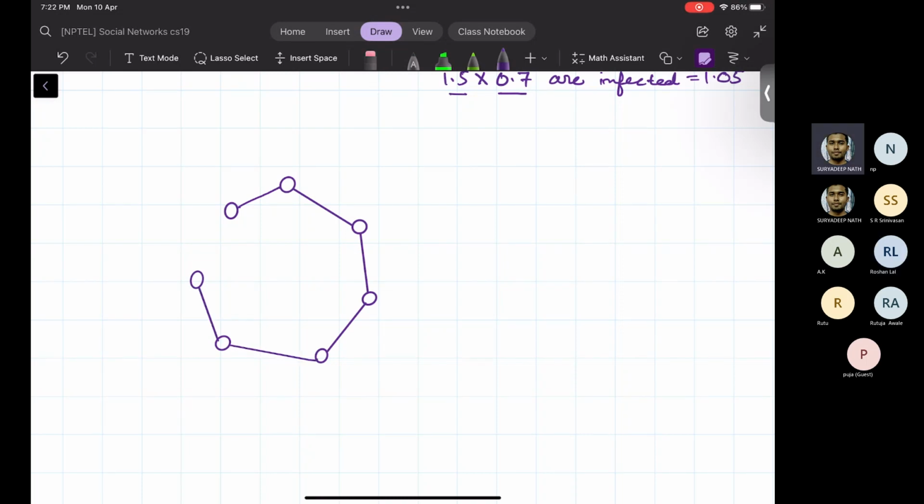Okay, but here the probability is 0.4, and the total number of nodes is 1 lakh in the circular network. So we rewire only these edges. These edges we either keep or rewire. I think this is not a sufficient condition, sir, to find out the average path length of the network.